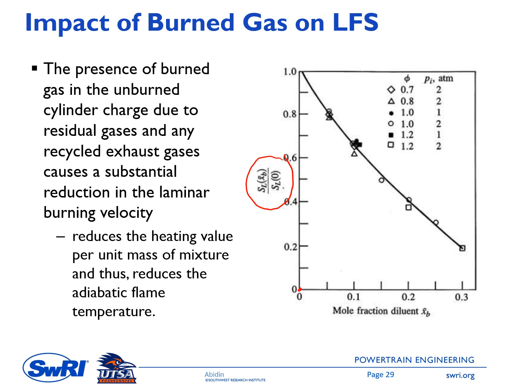The horizontal axis is the mole fraction of the diluent, which is the residual plus any recycled exhaust gas. As you can see, the laminar flame speed decreases significantly with the increase of the burn gas.